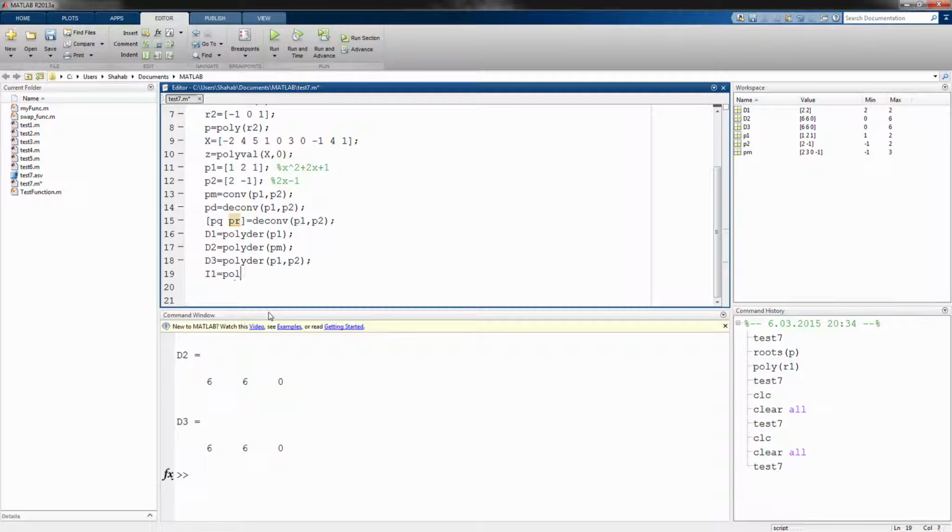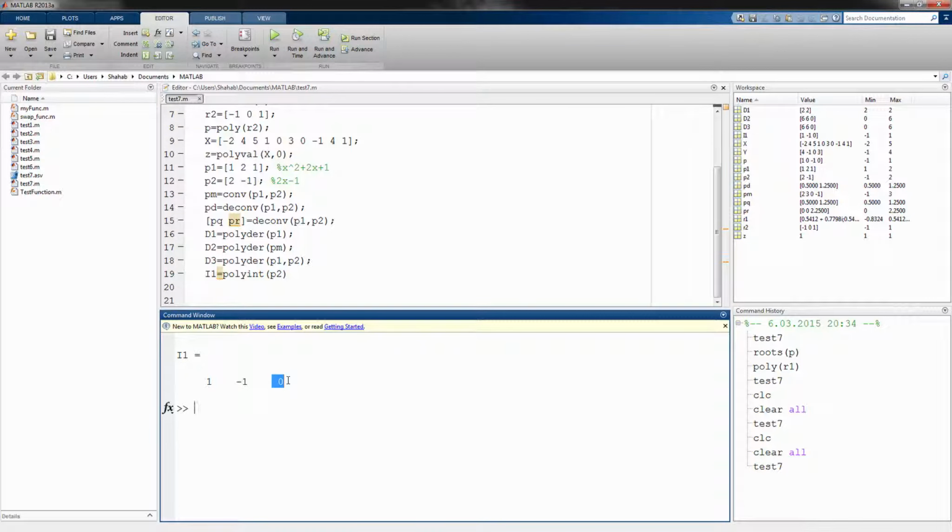It will be polyint, polynomial integral, polyint, and I call P2. I use P2 so I can see the result quickly, and I see that okay, it is x squared minus x plus a constant c.